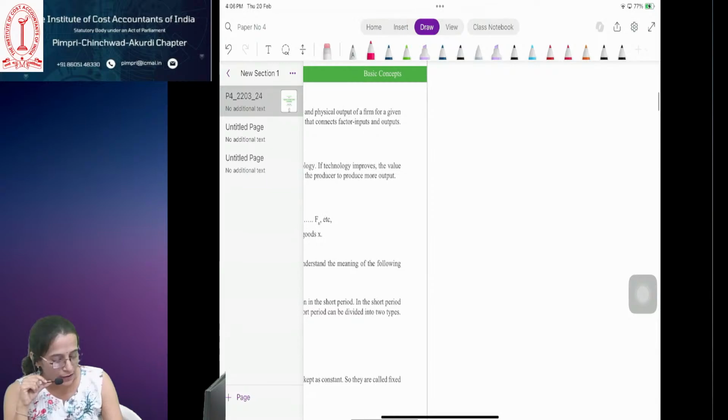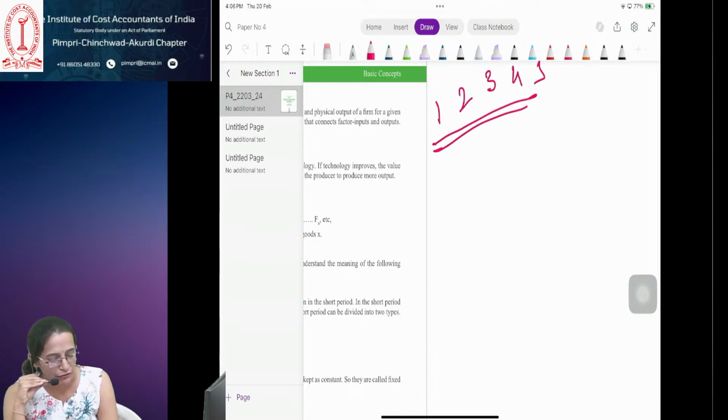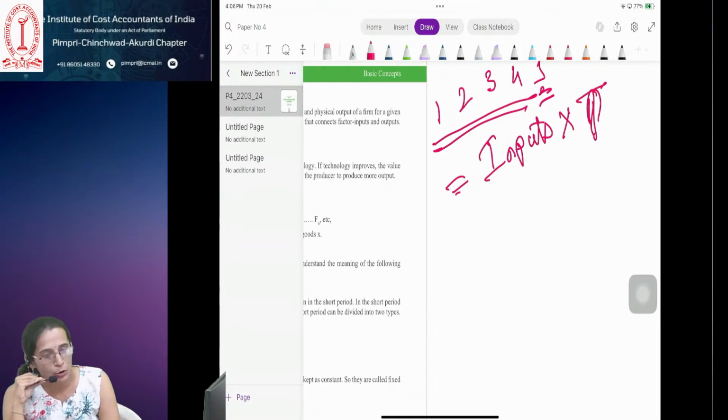What if I have 4, 5 inputs, the land, labor, capital, entrepreneur, technology. If these inputs are employed in the production process at a given level of technology, how much output I will get, that is shown by the production function.